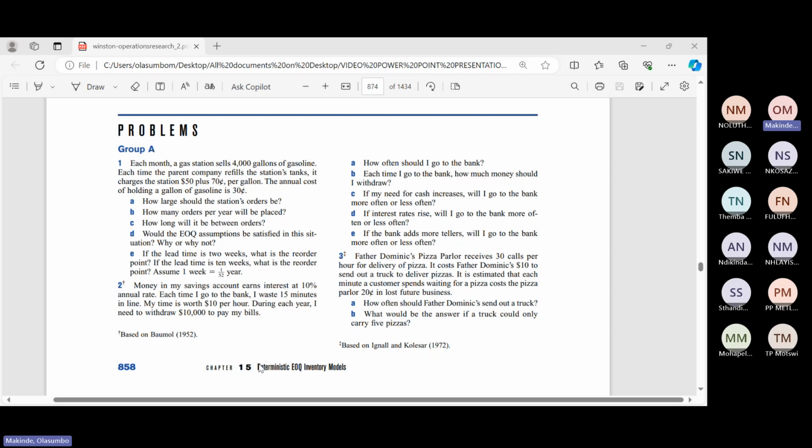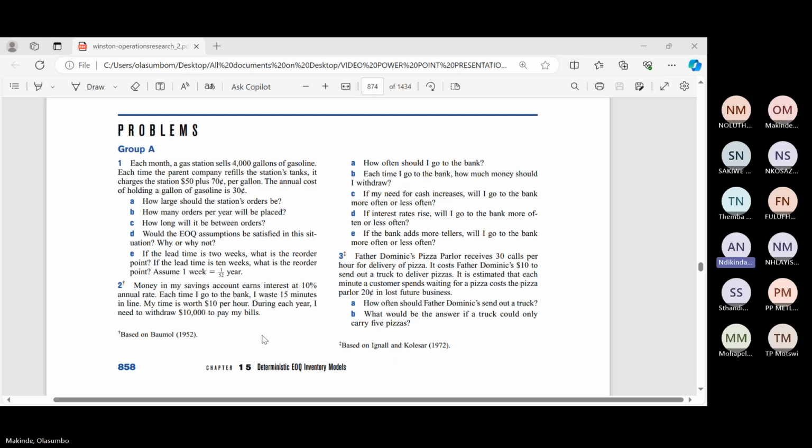If the bank can increase the number of tellers, which variable will be affected in the scenario? Will this new strategy impact it? Don't forget, currently the wait time for me to withdraw the money in the bank is 15 minutes. So if the bank adds more tellers, what will happen to the wait time?